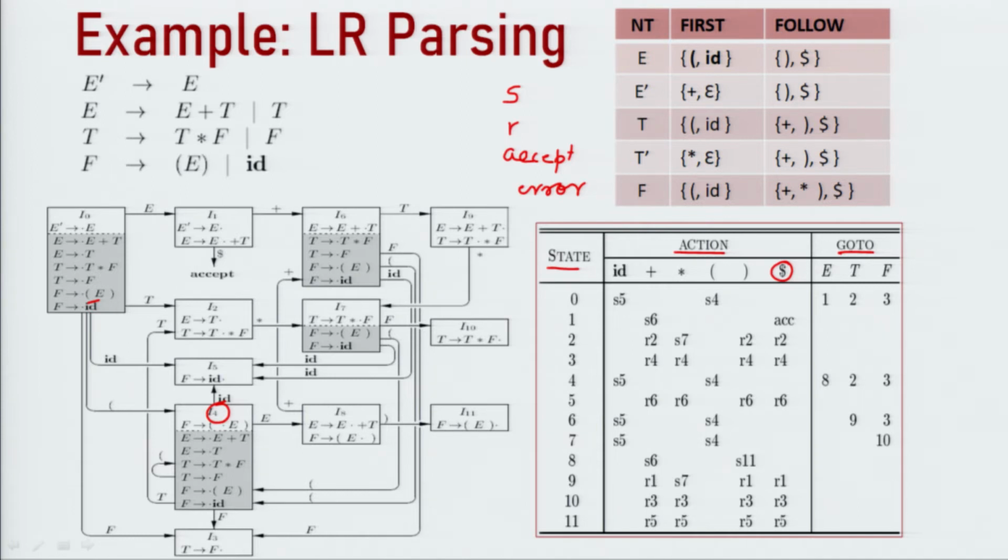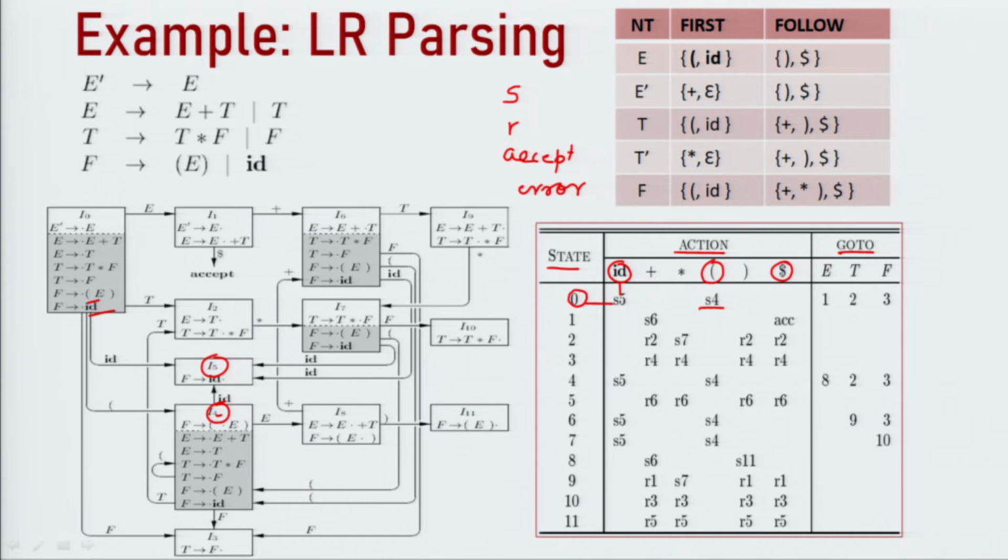So, with respect to 0 and opening parenthesis, we will write shift 4, the number corresponding to the item. Similarly, immediately right of the dot we have ID. So, with respect to ID we are moving to item I5. So, in this cell we will write S5, shift 5.